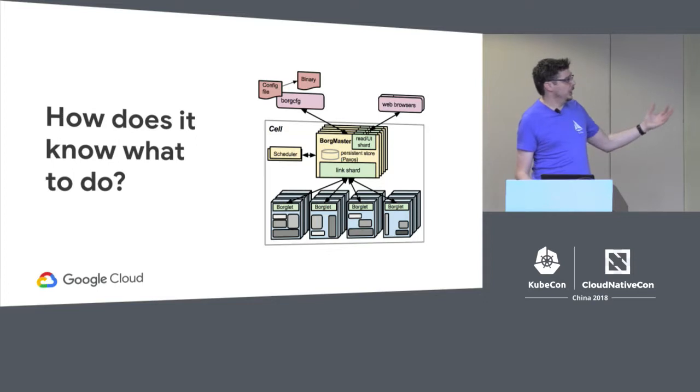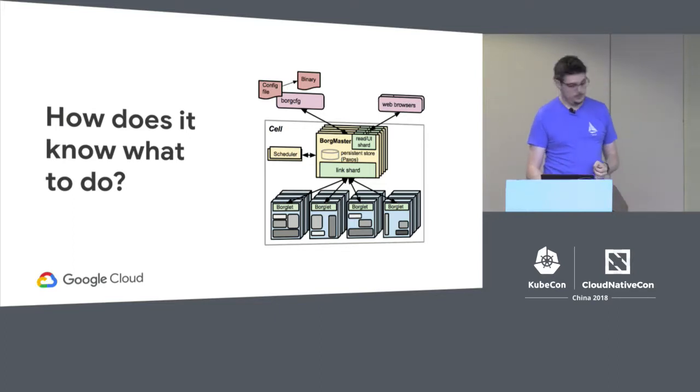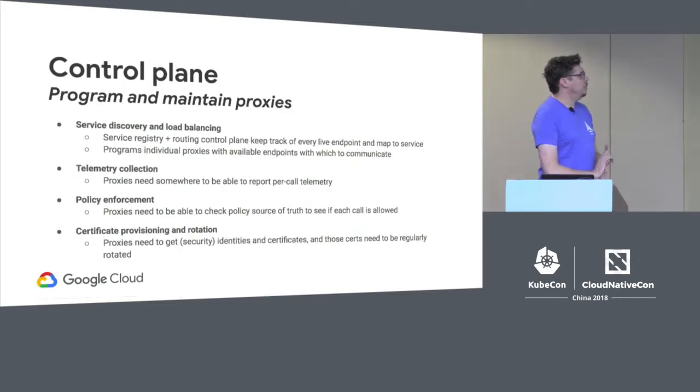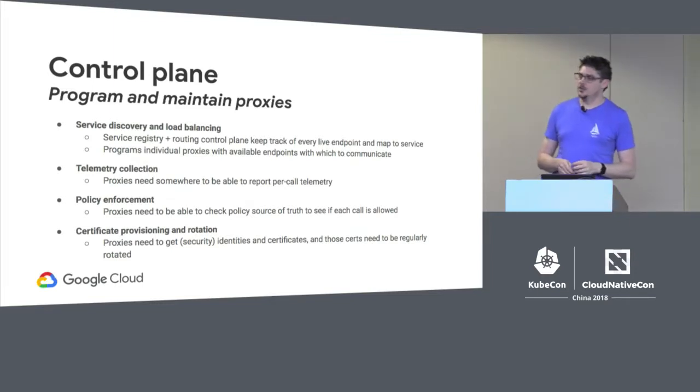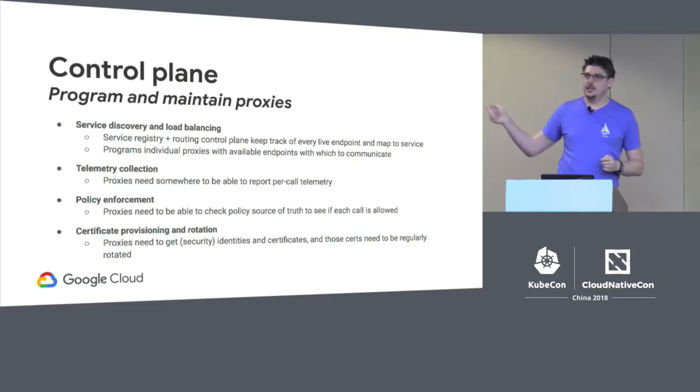You have a control plane, you configure that control plane, and then it sends information out to a bunch of agents. That control plane will then program and maintain the proxies. So it will inform them all of the state of the services in your environment. So everything that's deployed, it tells each proxy server, for this particular service, here are the endpoints.